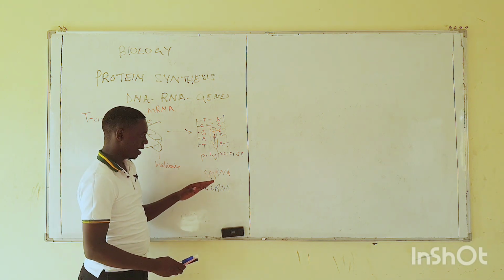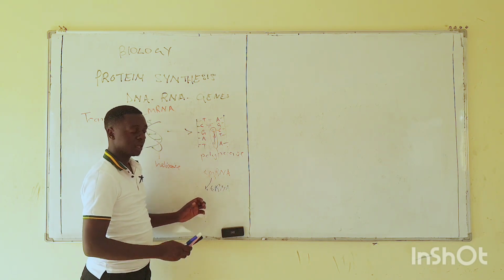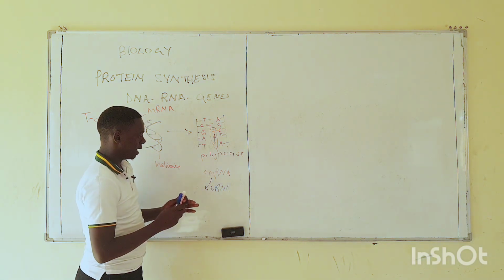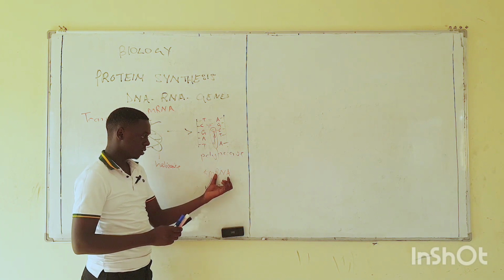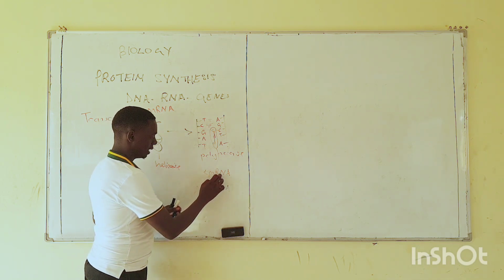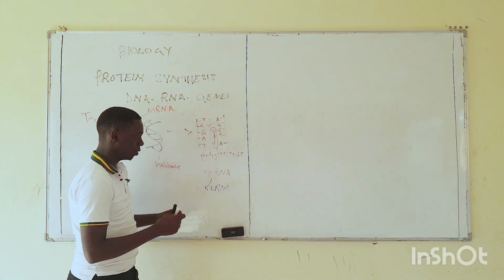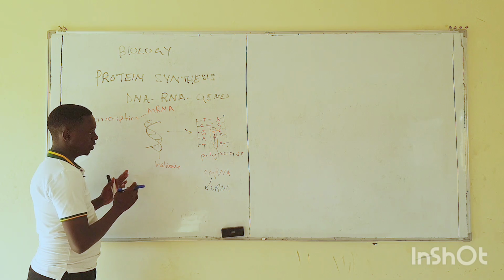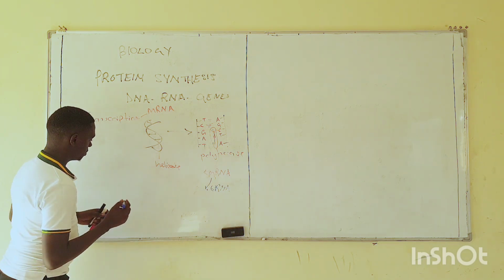And this transfer RNA has what we call the anticodons. These anticodons are complementary to the codons of the messenger RNA. Now, it becomes attached here and then it is moved to what we call the ribosomes. And there, you have what we call translocation.